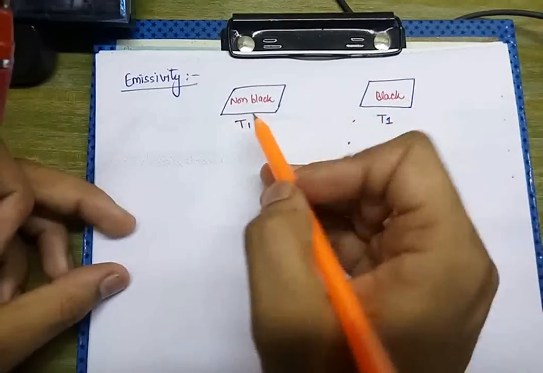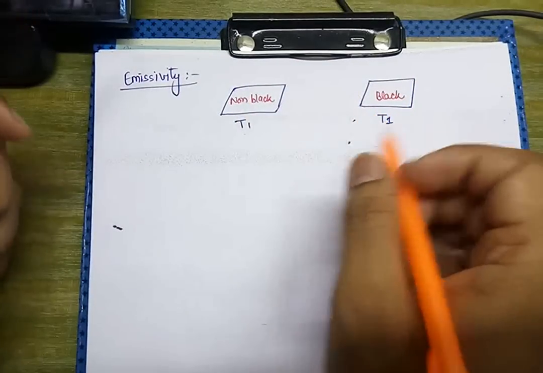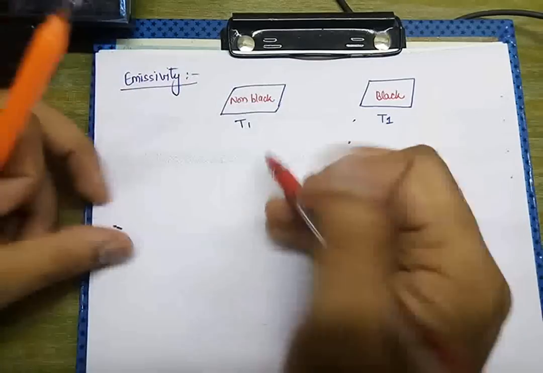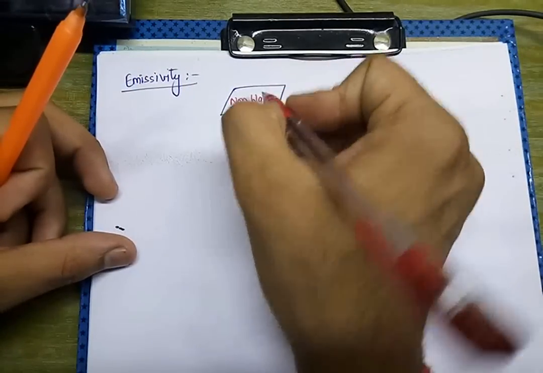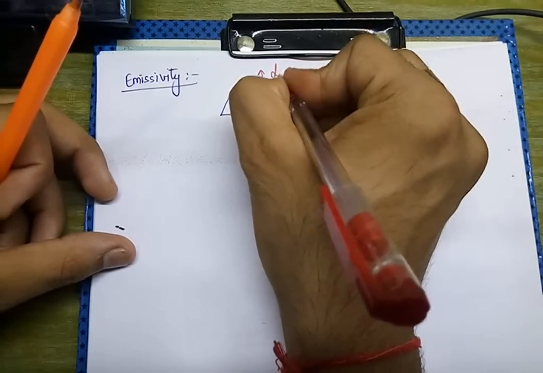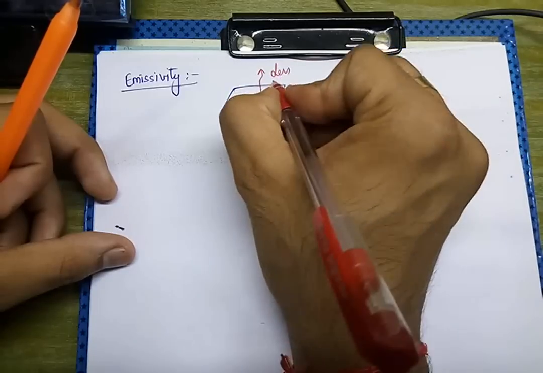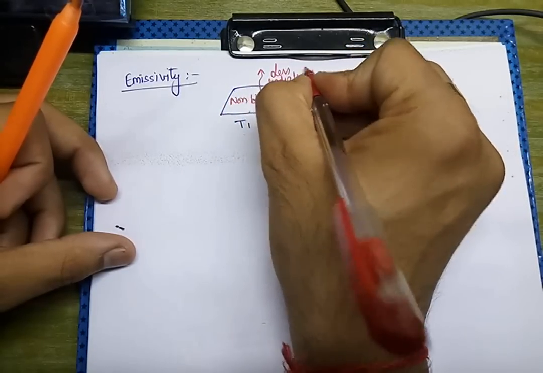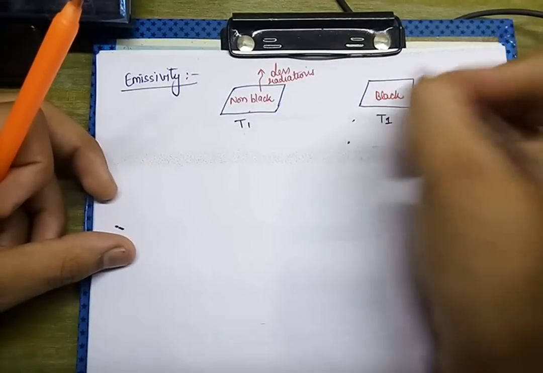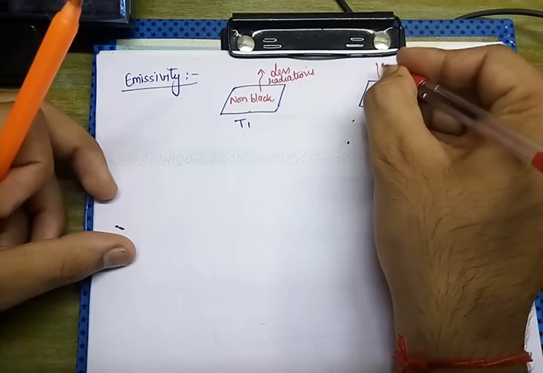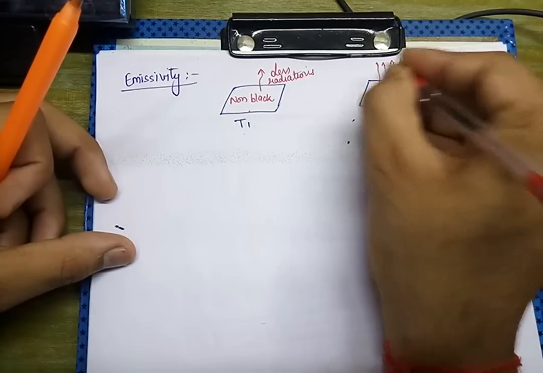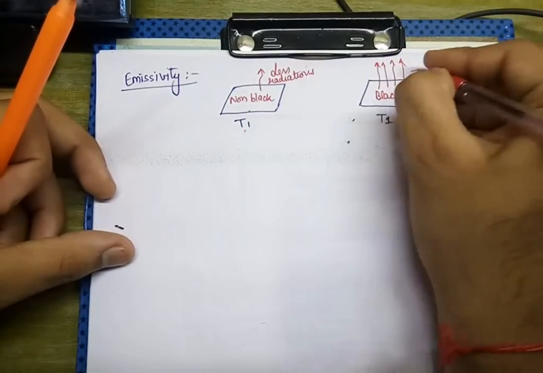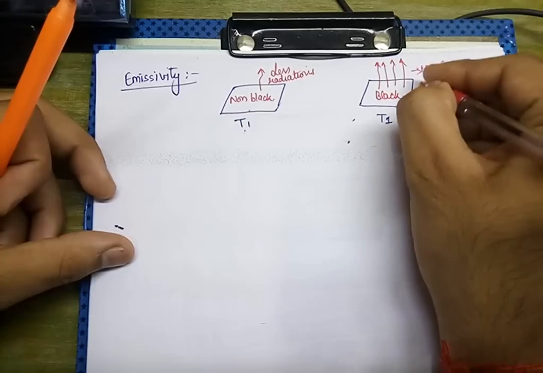These are of identical shapes, and both have the same temperature. The radiations given out by the non-black body will be lesser in magnitude, whereas the radiations given out by the black body will be much more as compared to the non-black body.